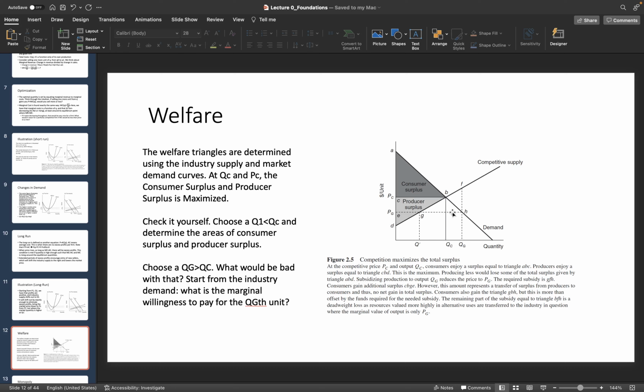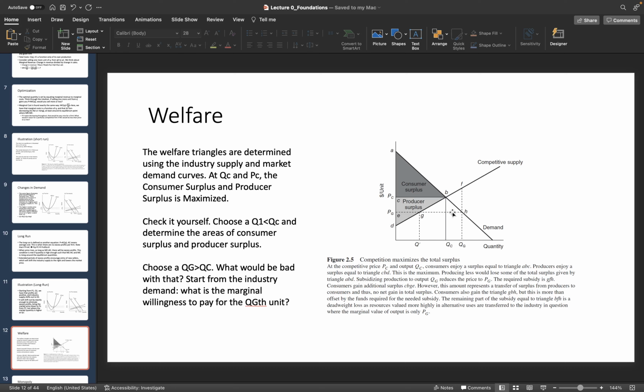So what would be the problem with that? There would be an increased consumer surplus, and there would be an increased producer surplus. However, this entire region here especially would be considered a subsidy. You'd have to pay a subsidy equal to the difference of the prices here and the difference of the quantities.